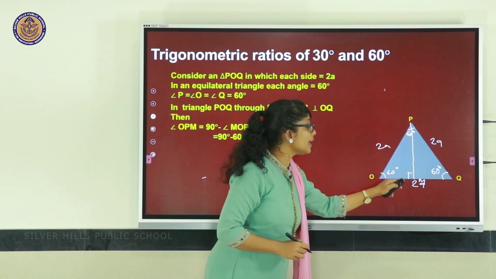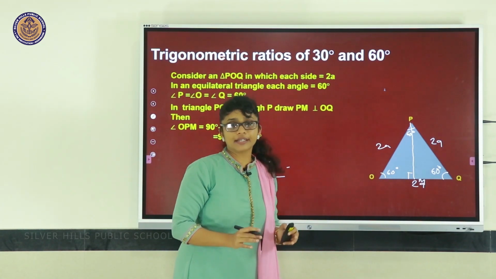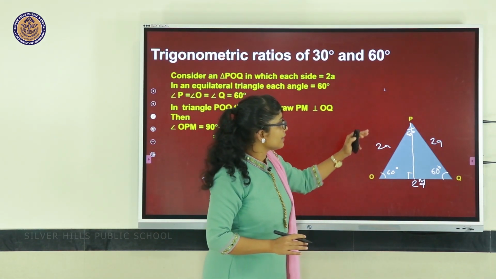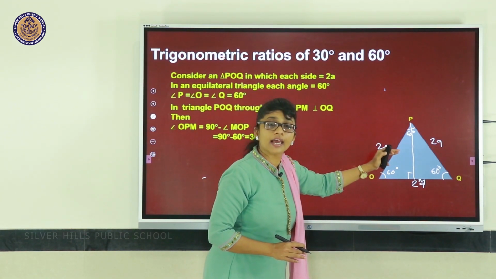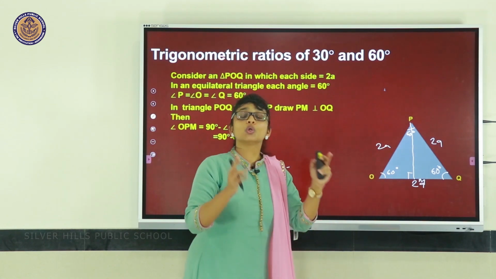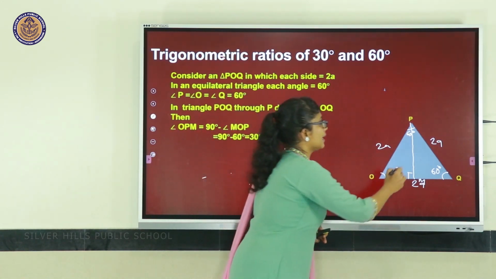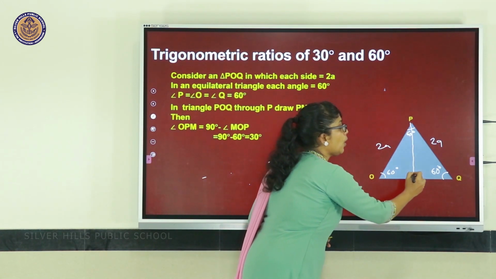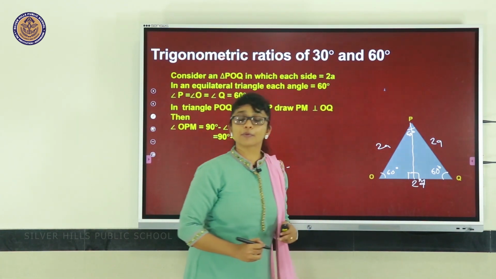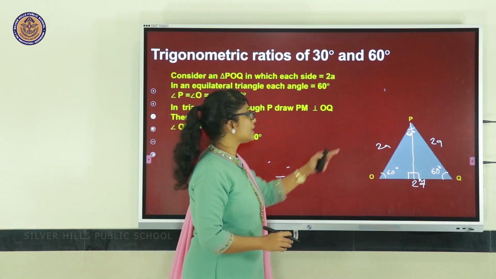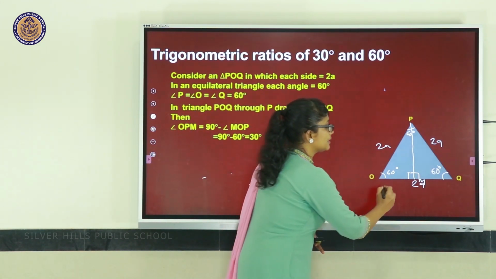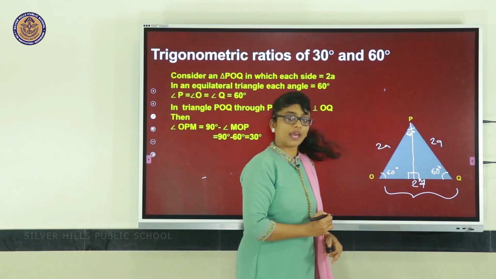Then angle M equal to 90 degree. And here this is an equilateral triangle. Then this equilateral triangle is divided into two right angles. Here angle PMO and angle PMQ are both right angles. And this side is 2A and all sides are 2A.